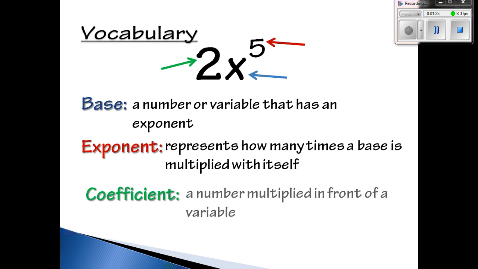And then the coefficient is the number multiplied in front of the variable. Okay, so there's the base, which is the number or variable that has an exponent. The exponent represents how many times a base is multiplied with itself. And then the coefficient is a number multiplied in front of a variable.